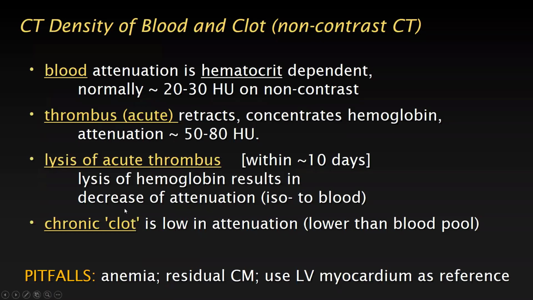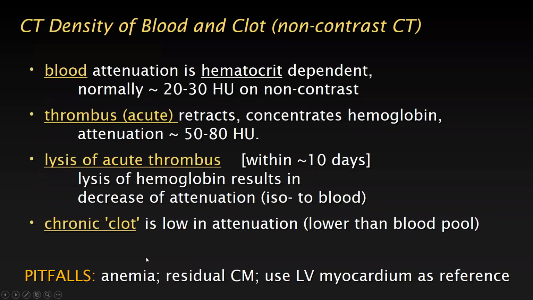So chronic clot becomes isodense. A chronic thrombus within an AAA, for example, is always lower in attenuation than the blood pool, as you'll see in all these AAAs that we saw in our CTAs of AAA patients.